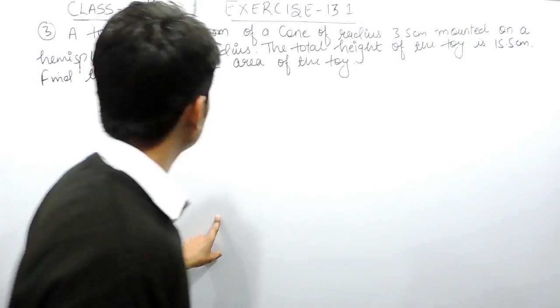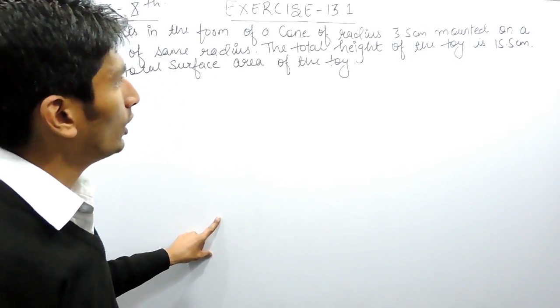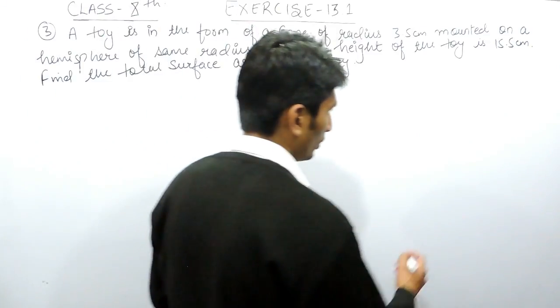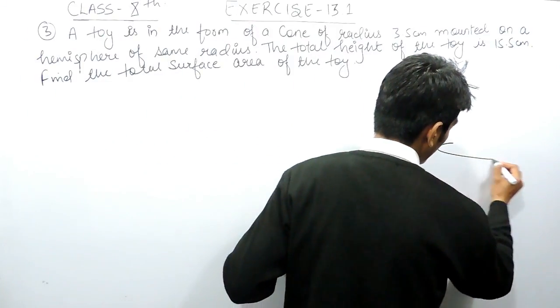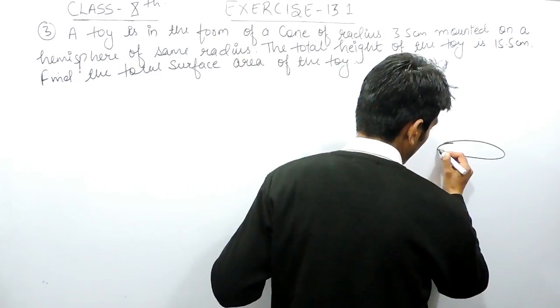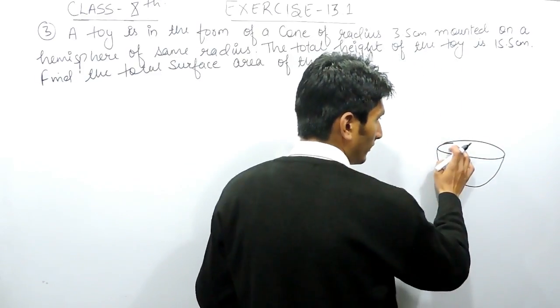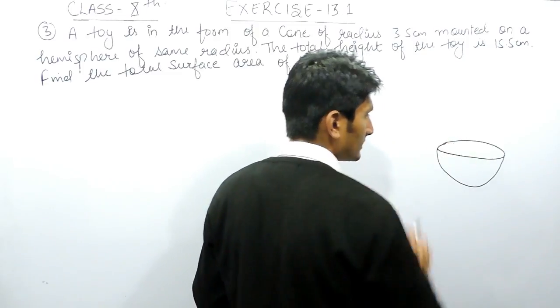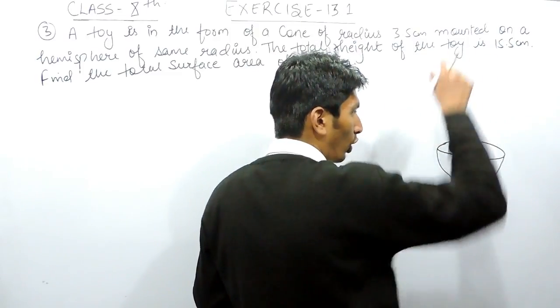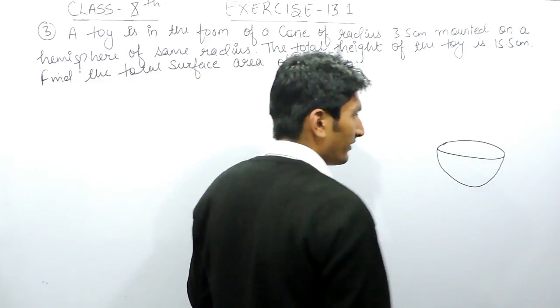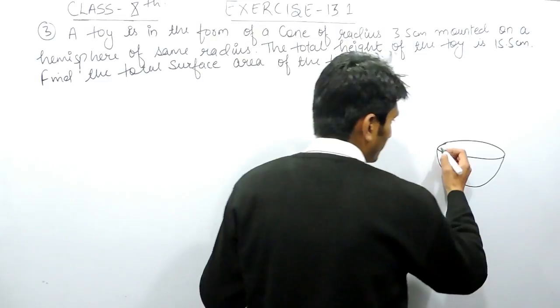a toy is in the form of a cone which is mounted on a hemisphere. Now it is given that there is a hemisphere and there is a cone which is mounted on this hemisphere, means the cone is placed on the top of this hemisphere and the radius of both the figures are same.